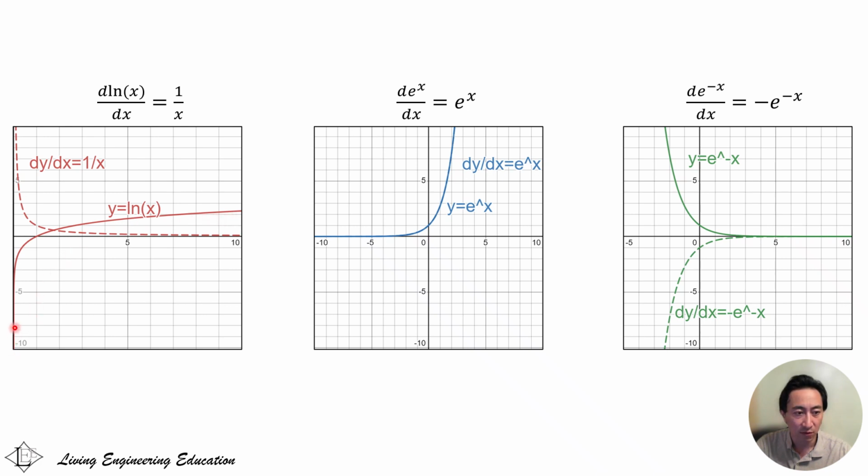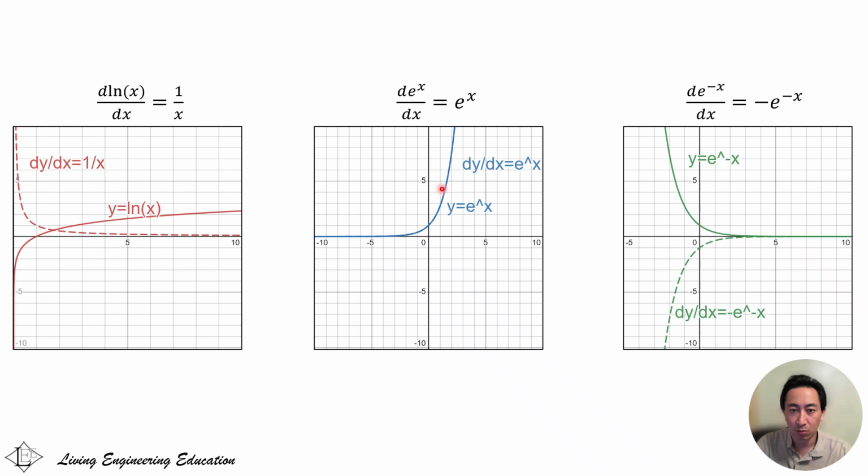We see that we have a very large slope initially, and then it gets smaller and smaller as x grows. So we can see if 1 over x, the derivative, mimics that. The function 1 over x starts off very large, then it gets smaller and smaller until it gets closer and closer to 0. So it does reflect the derivative of ln x.